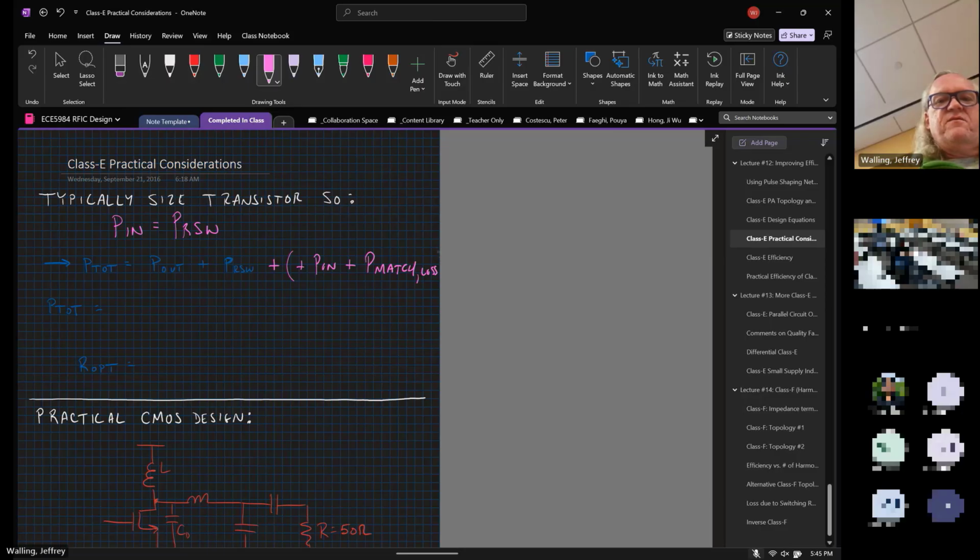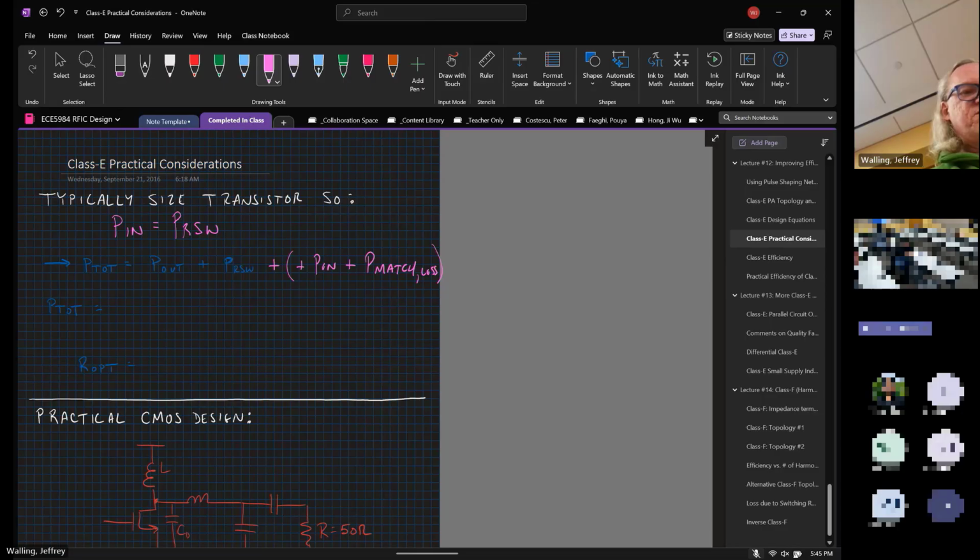And all of our other losses are going to be added here, but we want to come up with a relatively simple expression for how to size the switch and how to size the optimum termination resistance to guarantee that I get a fixed amount of power.